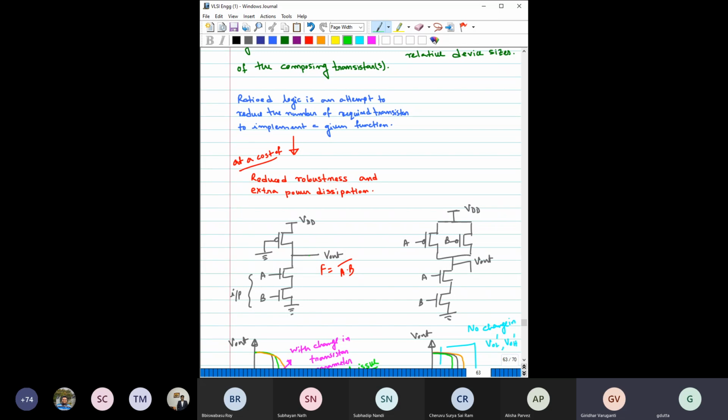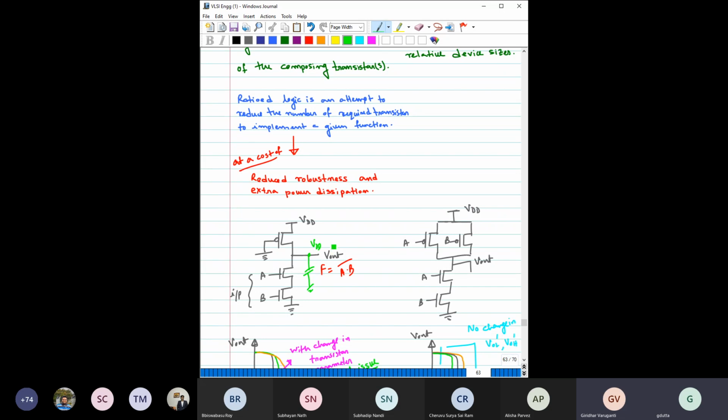Because if you consider the CL here, this is PMOS with its gate grounded, so this transistor is always on. It always tries to supply current. Only until and unless these two, A and B, are on, this capacitor will be charged and continue to hold the potential VDD.